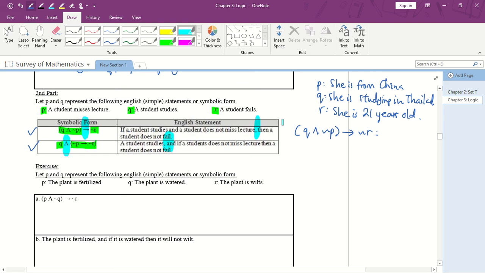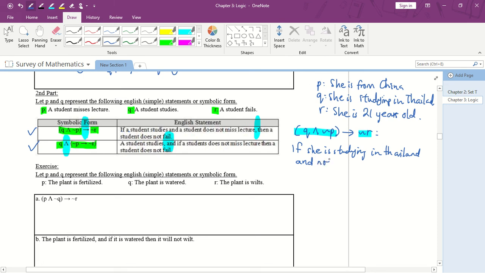Remember again, this is one thing and this is another thing. So we need to always start with if. If Q, if she is studying in Thailand. Okay, we're done with Q. And here say and. Then I put here and negation P, which means that she is not from China.